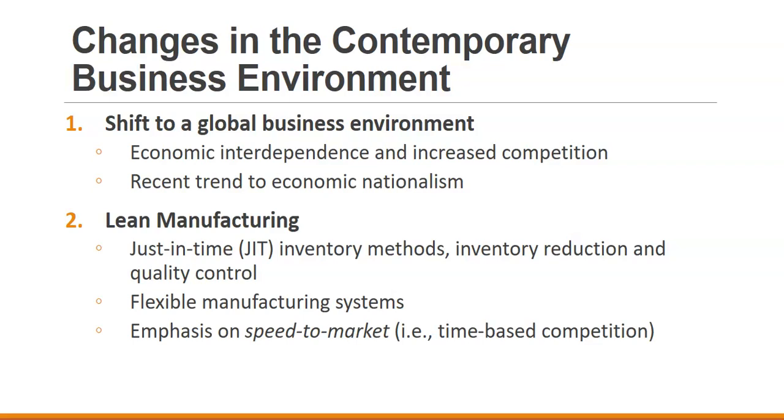We also have time-based competition. So we want things to happen in a hurry as consumers. I want to go on Amazon and have my item in 48 hours. This is true for almost all consumers. So manufacturers have to figure out how to get their products into the hand of consumers and still have quality.